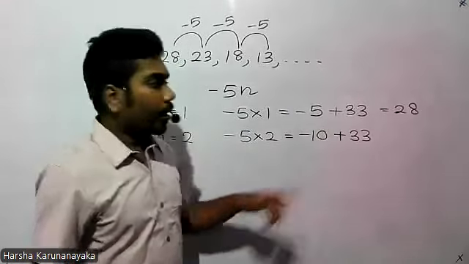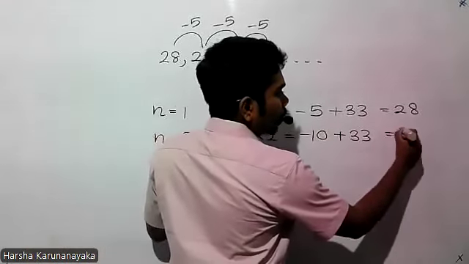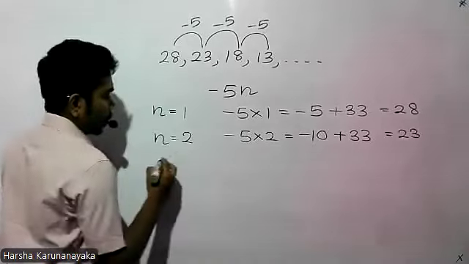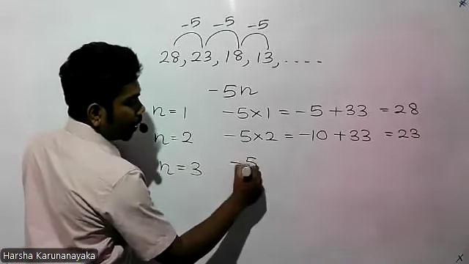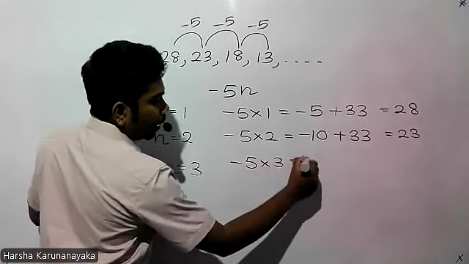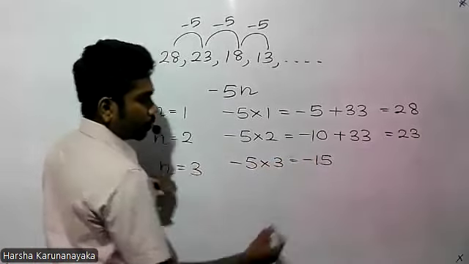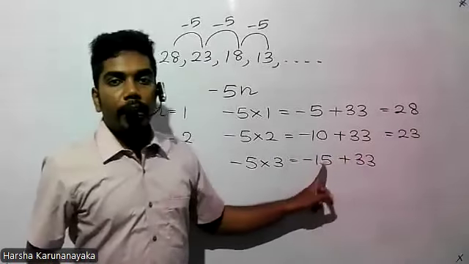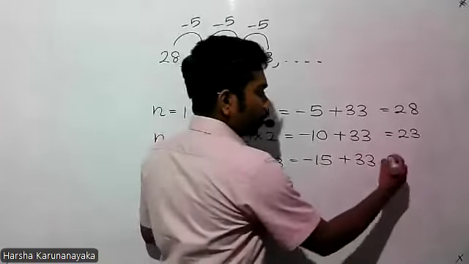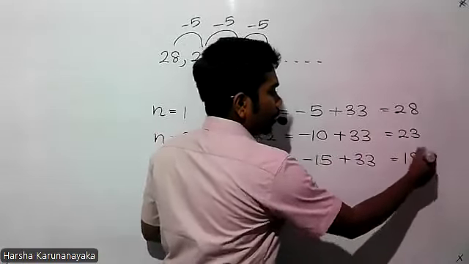Now I give n equal to 2: minus 5 into 2 is minus 10, plus 33. 33 minus 10 equals 23. Next, n equals 3: minus 5 into 3 equals minus 15, plus 33. 33 minus 15 equals 18.